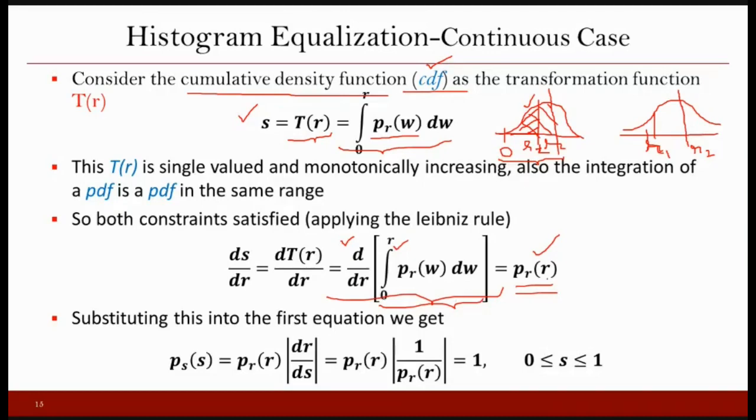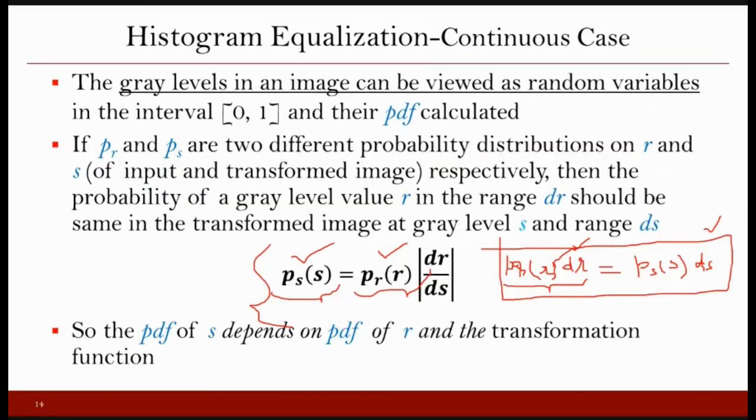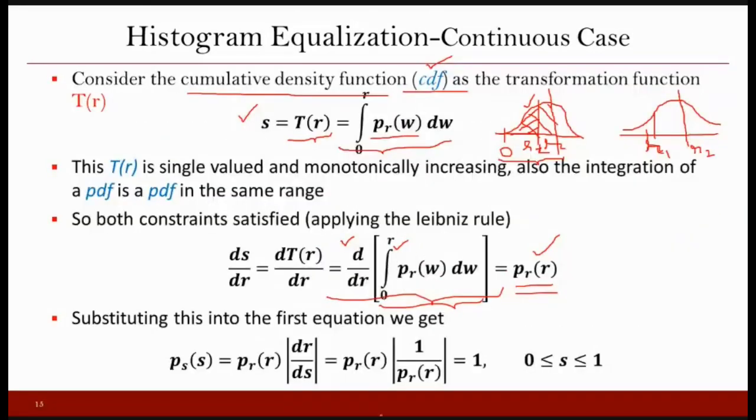Okay? So now let us try to keep this value in this equation. On the left side you have PS of S is equal to PR of R times dr by ds. So what is the value of dr by ds here? It is 1 by PR of R, because dr by ds is just the reciprocal of this value. So you keep that value here, and when you multiply, you see that you get output as 1.